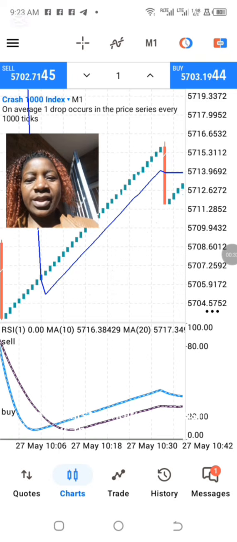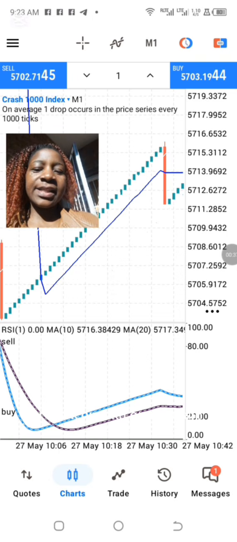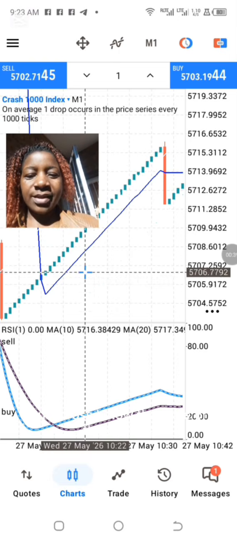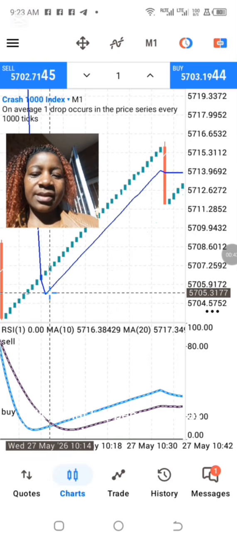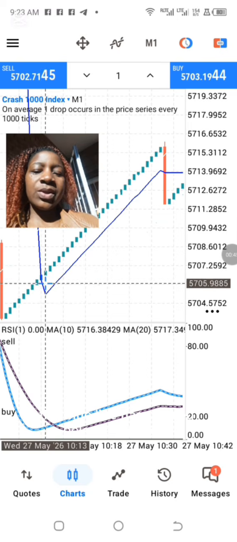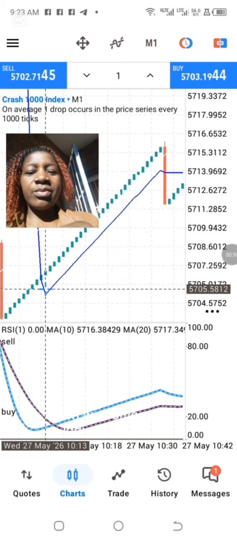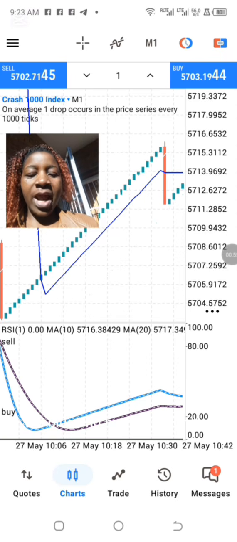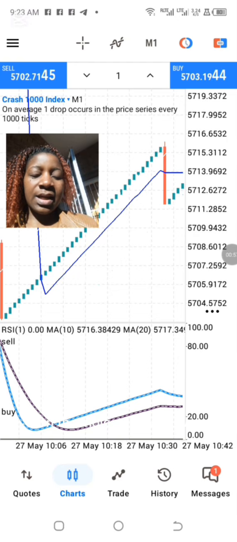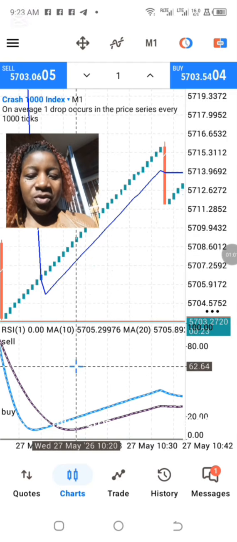The first condition in Crash is that the blue line, or the Ichimoku on the main chart, must cross below the price or the candles, like what happened here. As you can see, this blue line has crossed below the price. That's the first condition. Then we come to our indicators window. These two moving averages, the blue and purple line on indicators window 1, must cross below level 20.